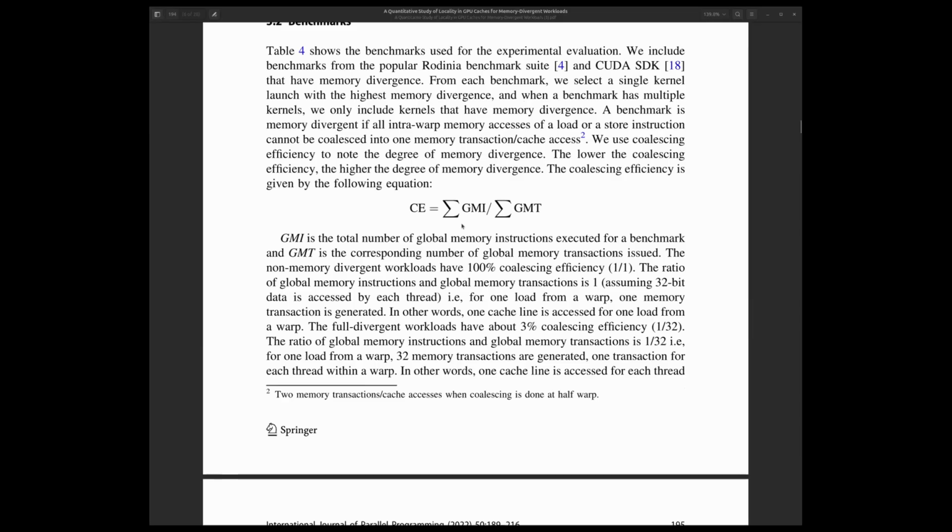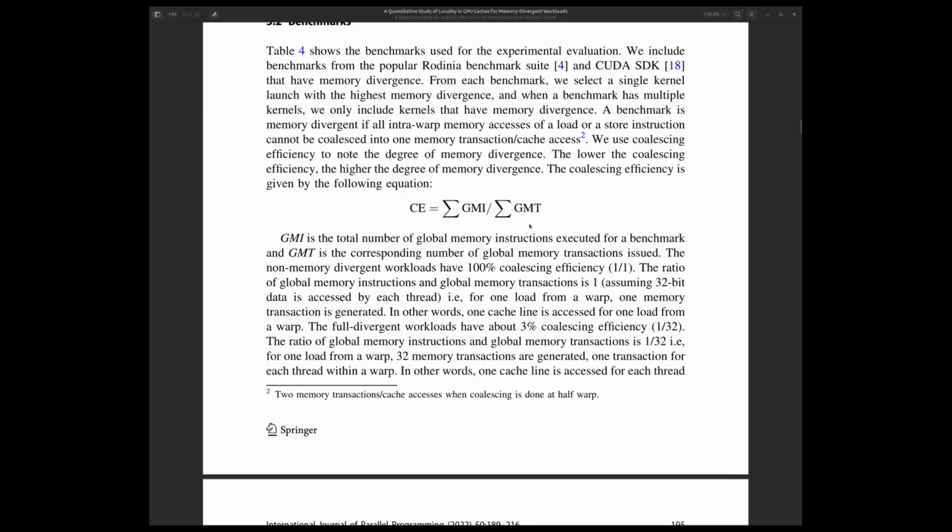So over here they describe how they normalize this. You can also have a wildly memory divergent workload, in which for each of these 32 threads you would have a memory transaction, and that comes out to 32 over 32.